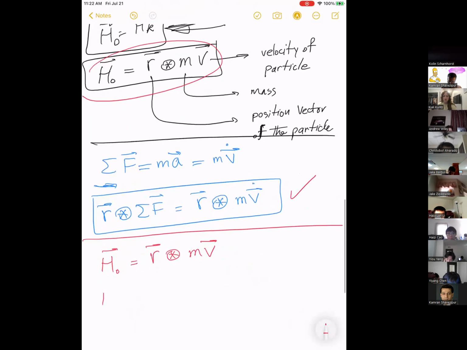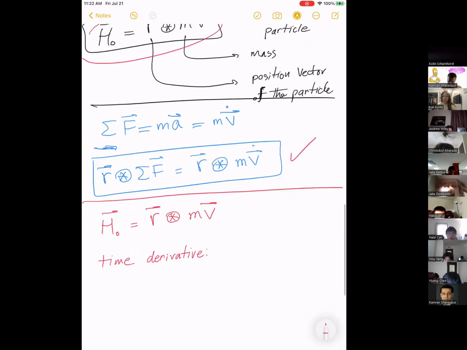The time derivative gives you d dt of h about O is equal to d dt of r cross mv, right?